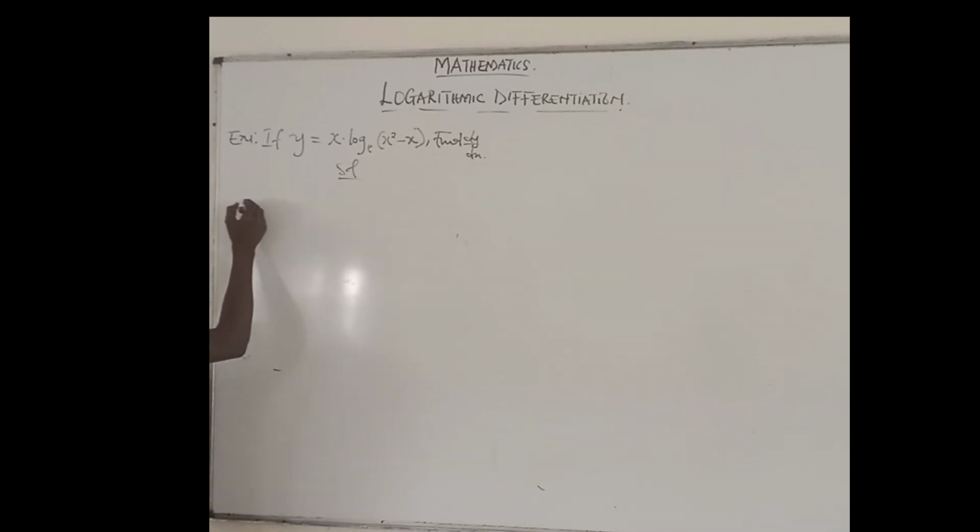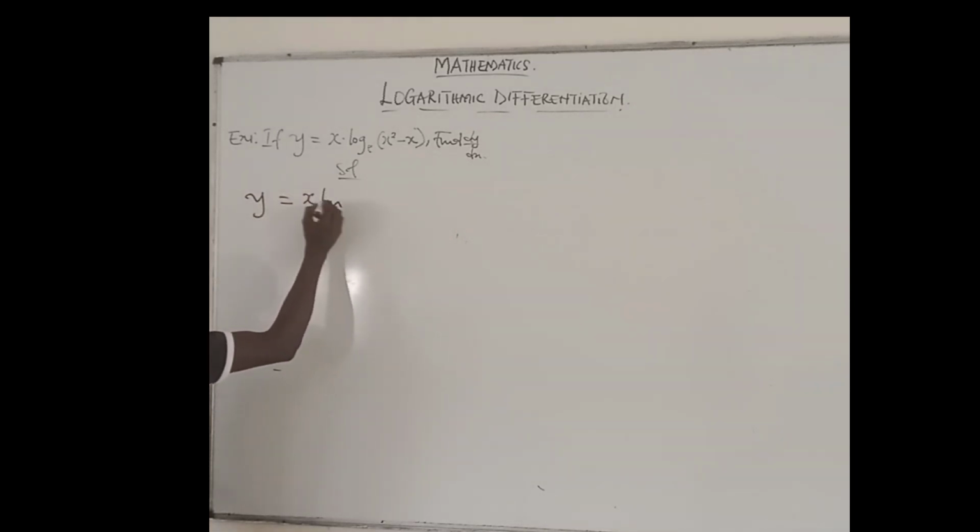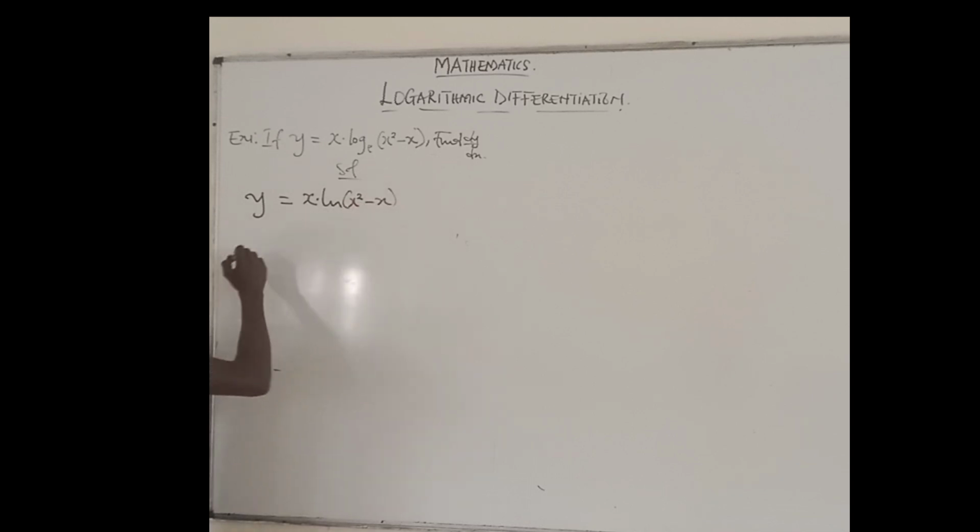So now, solution: y is equal to s into ln of s squared minus s. Find dy/ds. Now, what are you going to do? If you look at this, what sign is there? Product rule. So that means I'm going to use product rule when you differentiate. So dy/ds is going to be what?